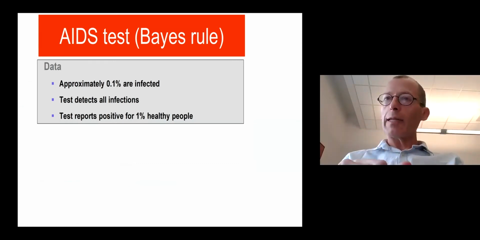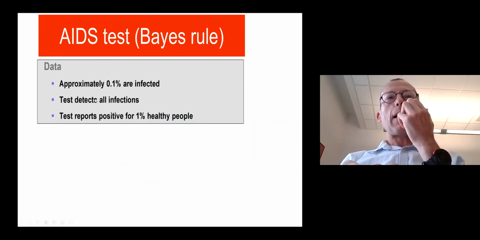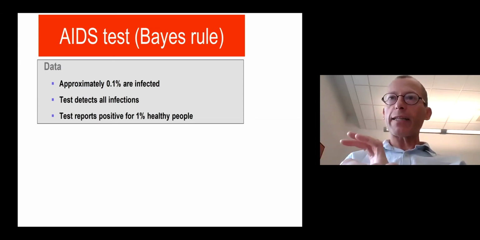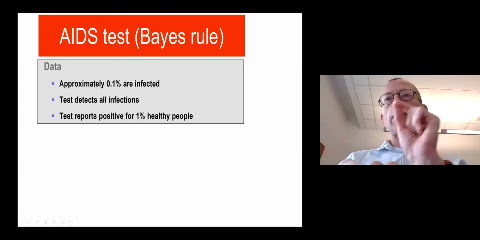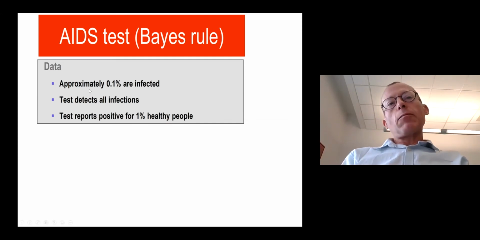Let's say in Europe, that's more or less the case right now for COVID, and 0.1% are infected. The test is perfect in the sense that it doesn't have any false negatives. So if you are positive, it will say that you are infected. If you are negative, it will give you 1% false positive. Okay, that's the test. So 0 false negatives and 1% false positives. And we know that only 0.1% of the population.